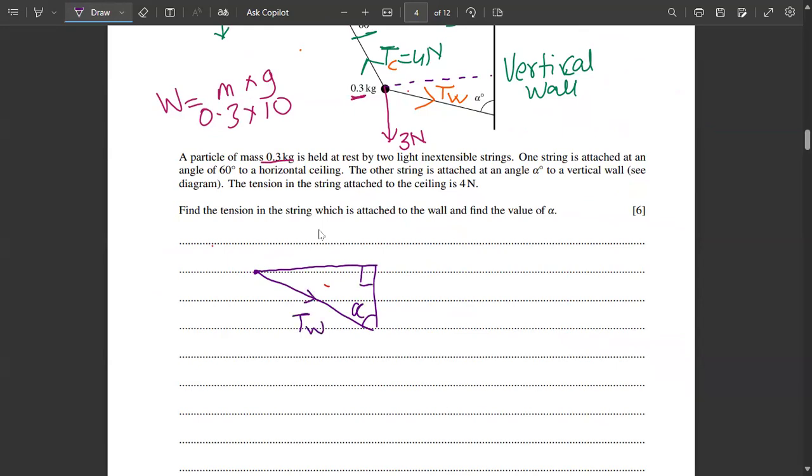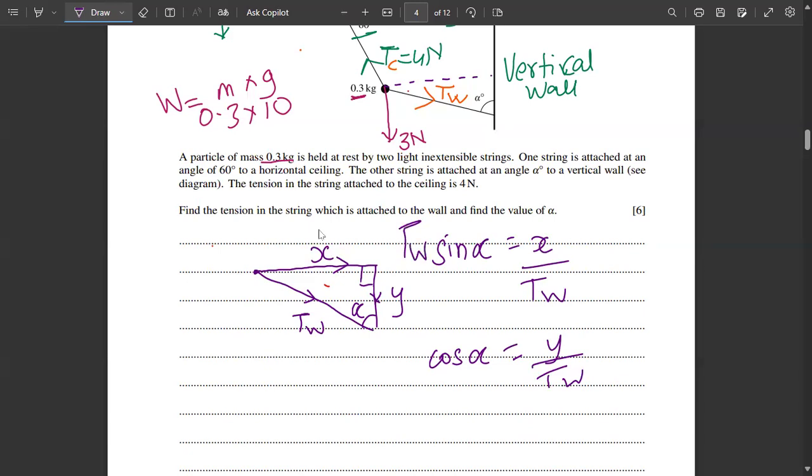So using alpha and TW, can we find this and y? Yes, obviously we can. We can use sine alpha. Sine alpha will be equal to x upon TW, and cos alpha will be equal to y upon TW, right? And then x will equal TW sine alpha, and y will equal TW cos alpha.